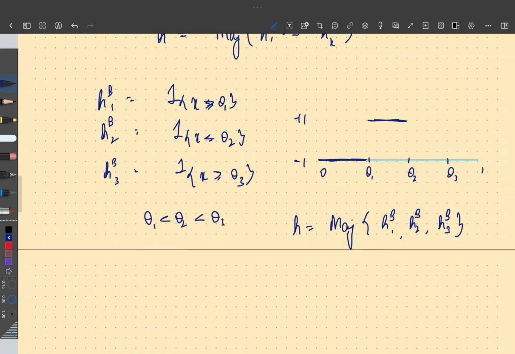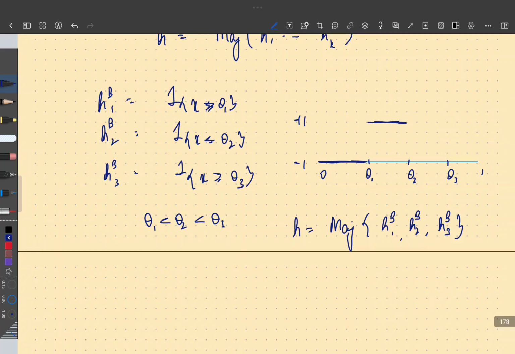H1b is +1, H2b is -1 and H3b is -1. So this is -1. And in the region from theta 3 up to 1, H1b is +1, H2b is -1 and H3b is +1.